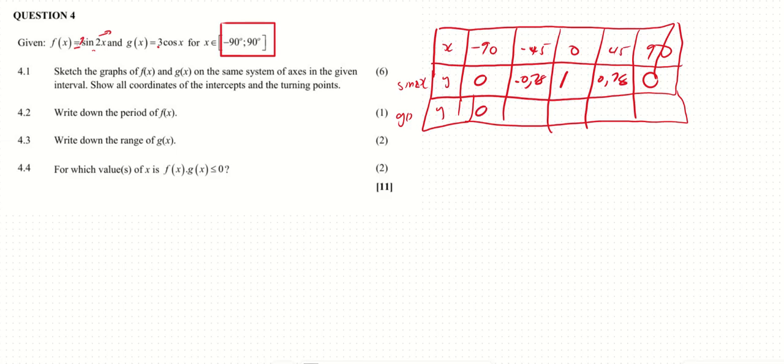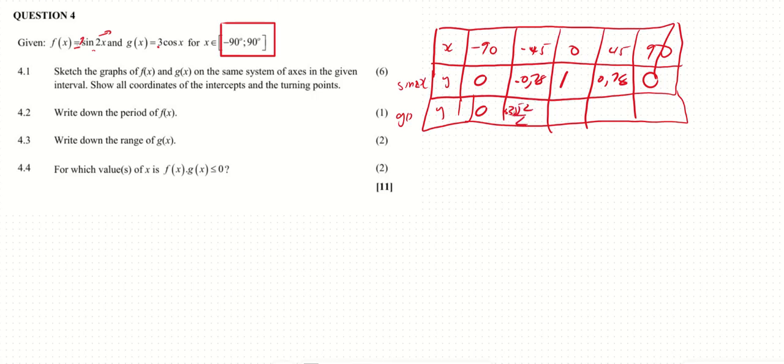Then I'm having 3 cos negative 45, which is giving me 3 root 2 over 2.